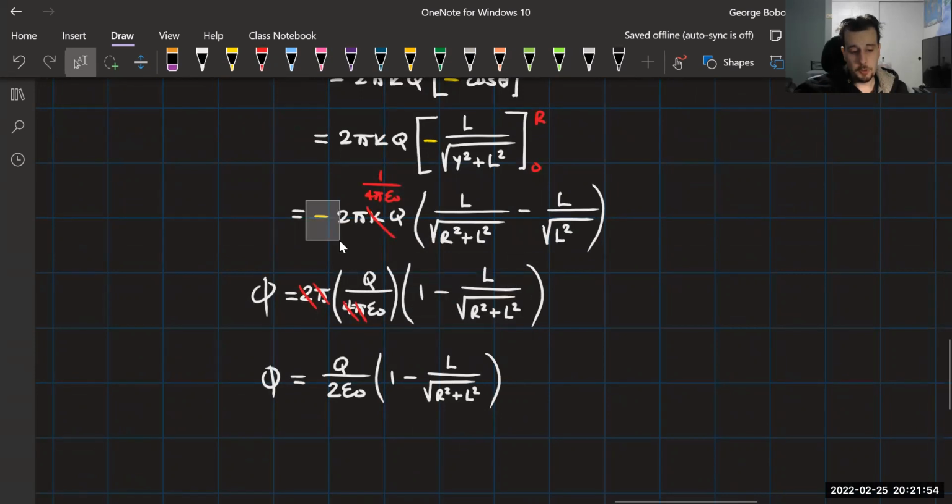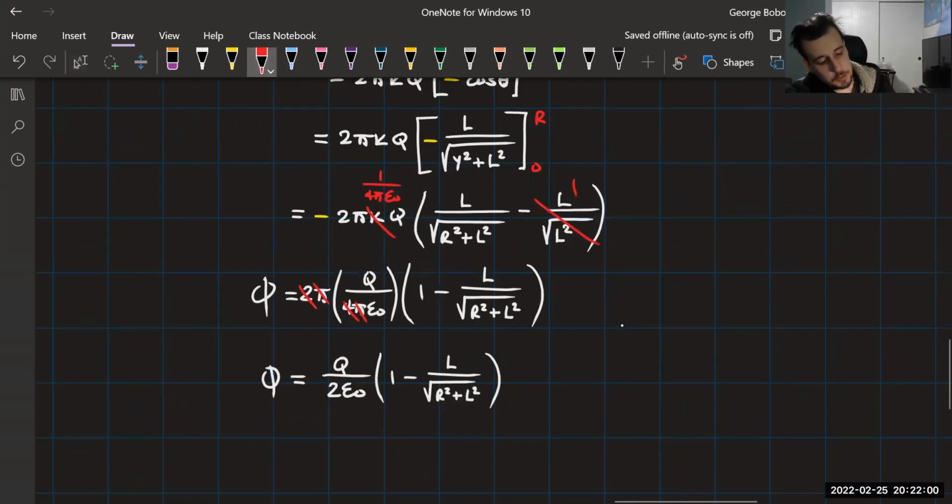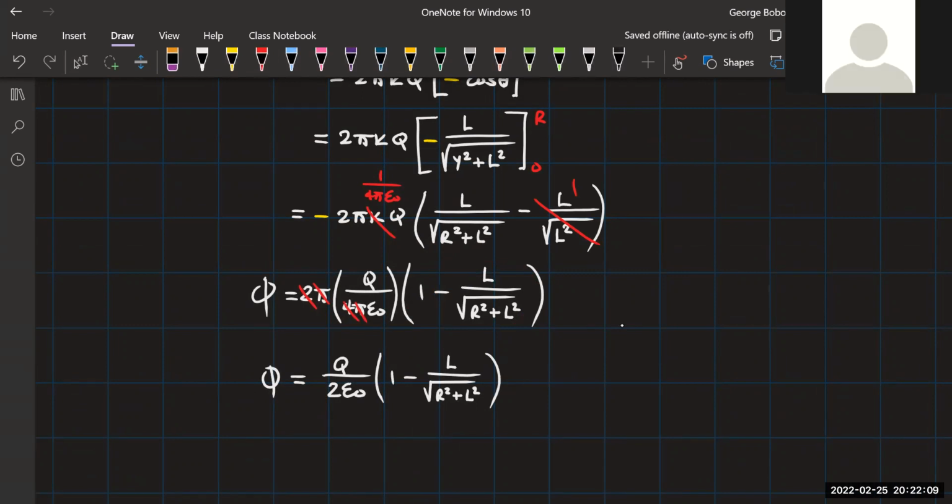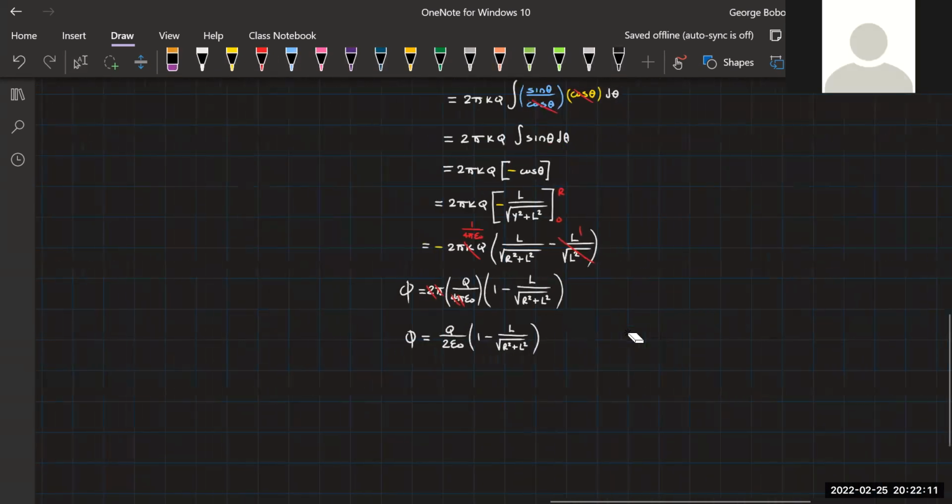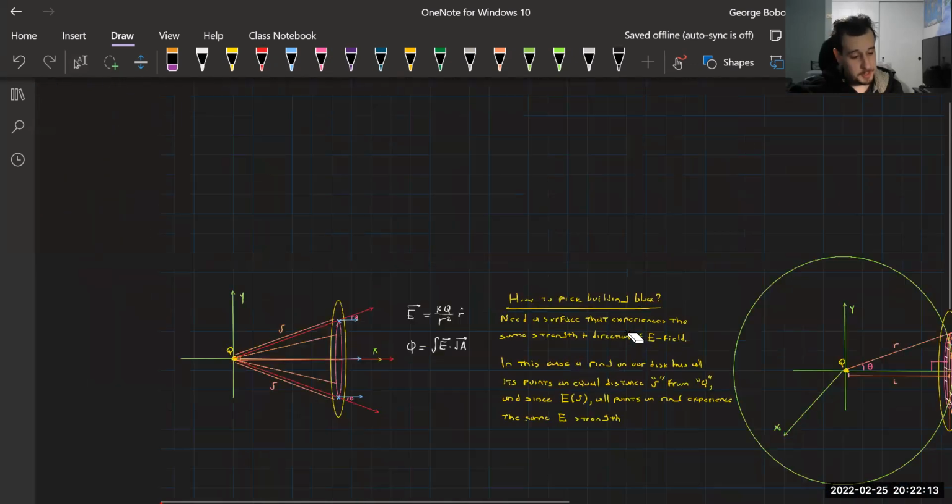The negative was here, right, at this step. So that's 1. Okay, that's my 1. So then I distribute it and I flip the order of the terms inside the bracket. Oh, okay. Thank you. Don't worry, I'm not cheating you. I always take care of my negatives.